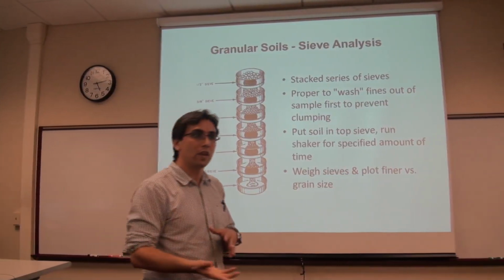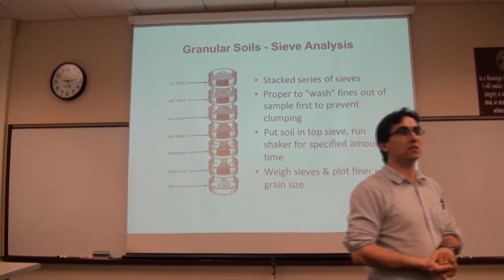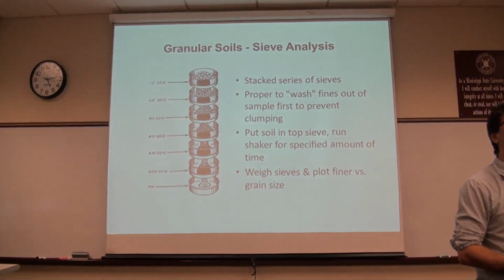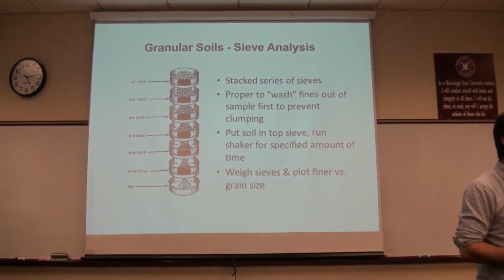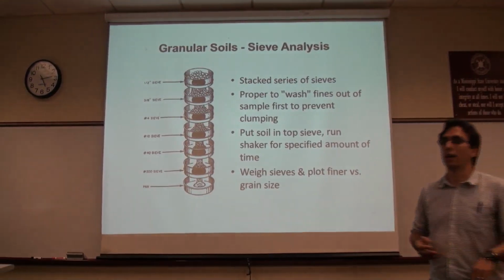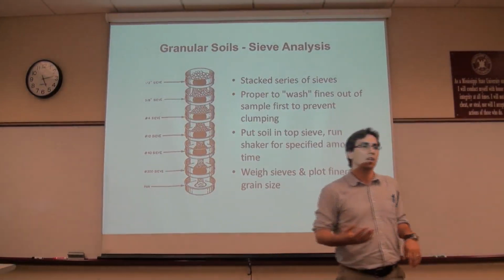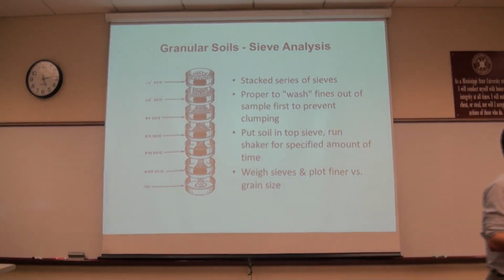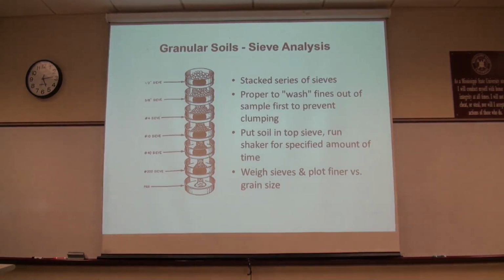We have two classification systems that we mostly deal with. First one is the AASHTO classification system, which you see mostly in highway types of projects. And the second one is the Unified Soil Classification System, USCS.